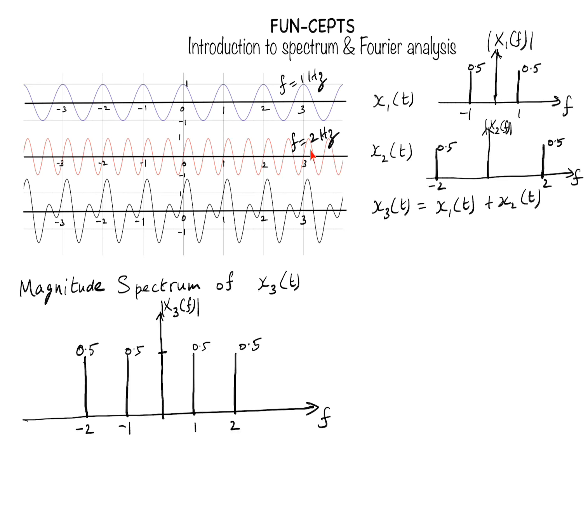For the signal x2 of t, we know that it has a frequency of 2 Hz, so we put a component at 2 Hz. But what is not apparent from the spectrum here is that x1 of t is a cosine wave, but x2 of t is a sine wave. So this magnitude spectrum tells us that there is a component at 2 Hz, but it doesn't tell us whether this component is sine or cosine.